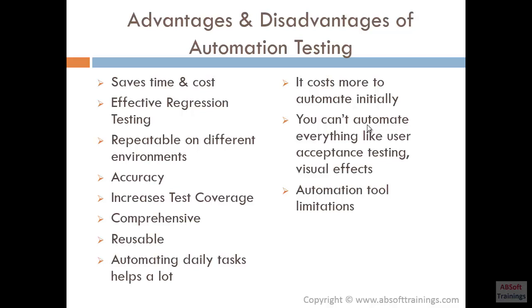You cannot use Selenium to automate Notepad or Microsoft Word, but any web application you can automate with Selenium. So if there are limitations with the tool, like any bugs in the tool, or there are new technologies and the tool won't support them, you need to wait for future updates of the tool. So you need to stick to the tool limitations.